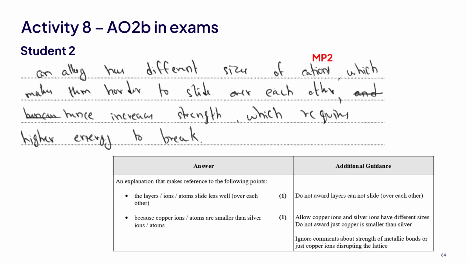Which makes them harder to slide over each other, MP1, because it does say from MP1, the ions slide less well over each other is acceptable. So cations sliding over one another harder, make it harder, is MP1. So that gets 2 marks.